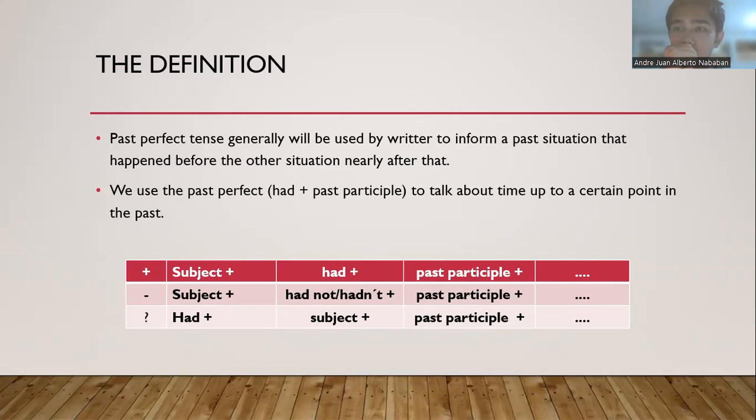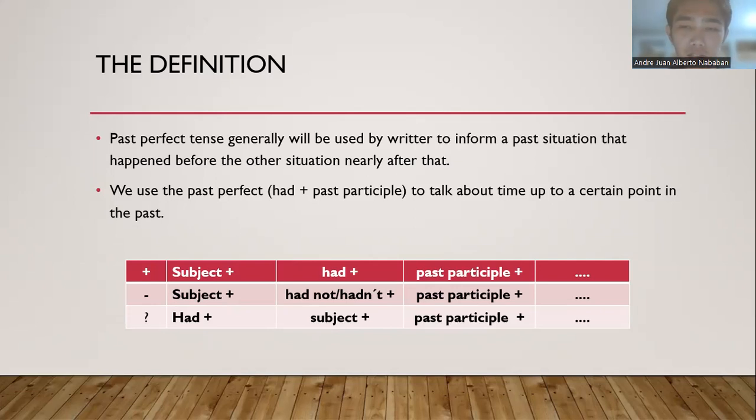So it is actually not a continuous past, but it's just a past situation that happened in the past, but it has a certain point in the past. So I'll show you later about the timeline of the tenses, guys. I'm sorry, guys.